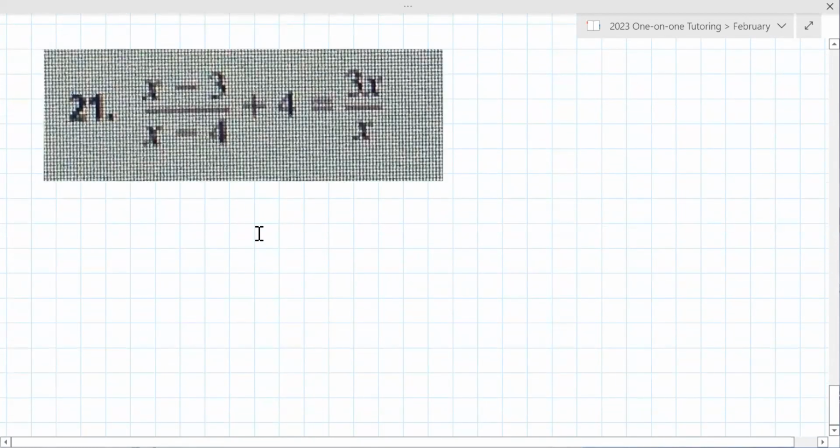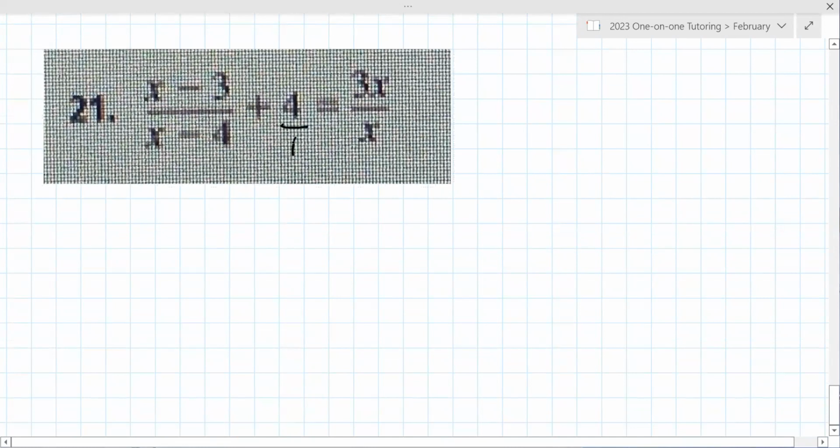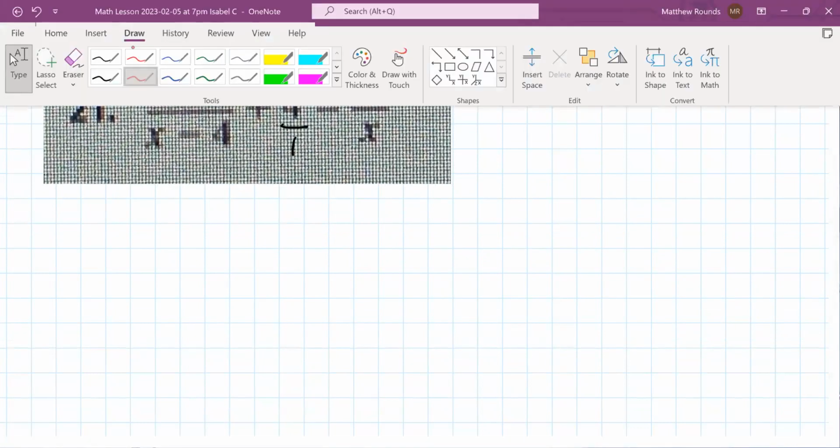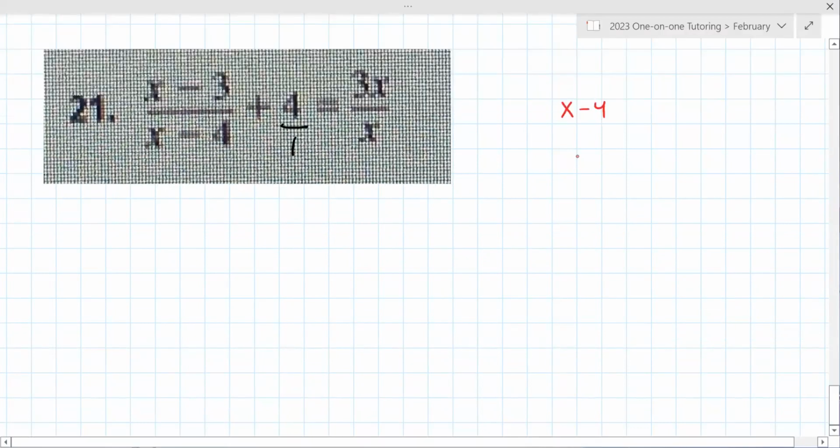All right. So you should always write everything as a fraction. So you've got 4/1, which takes care of that. And now you're looking at x minus 4, 1, and x, and you're trying to find the LCD between them. Now, some students believe, well, I'll just multiply them all together. And that works sometimes.